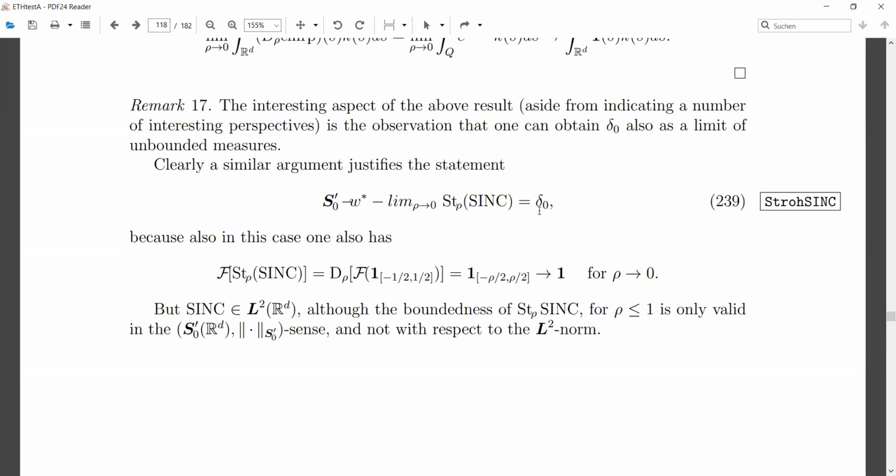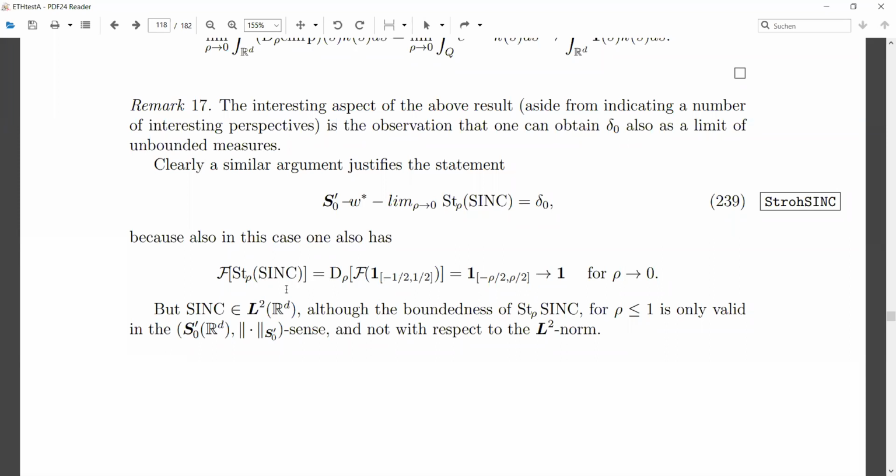But the argument is now even easier. We know that the sinc function is the Fourier transform of the boxcar function, the rectangular function, symmetric, normalized in all possible ways. Because of the symmetry, sinc is an even function because the boxcar function is an even function. So the forward and the inverse Fourier transform are equal.